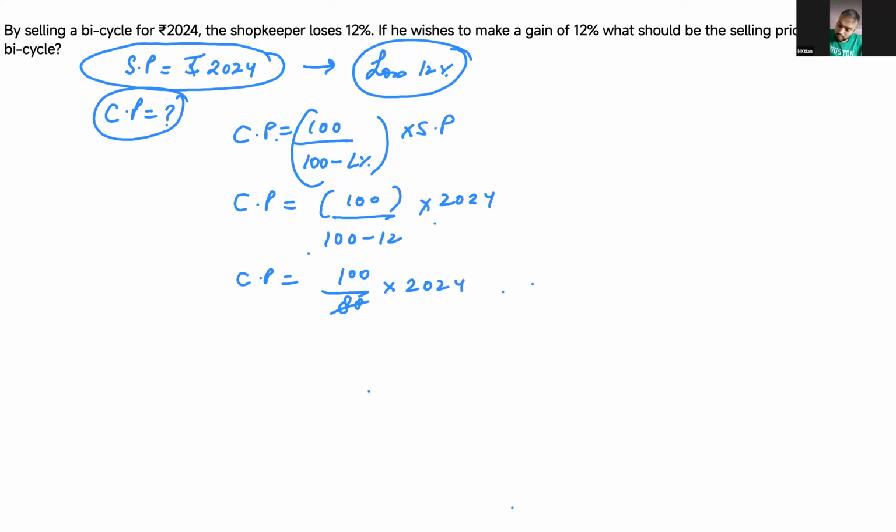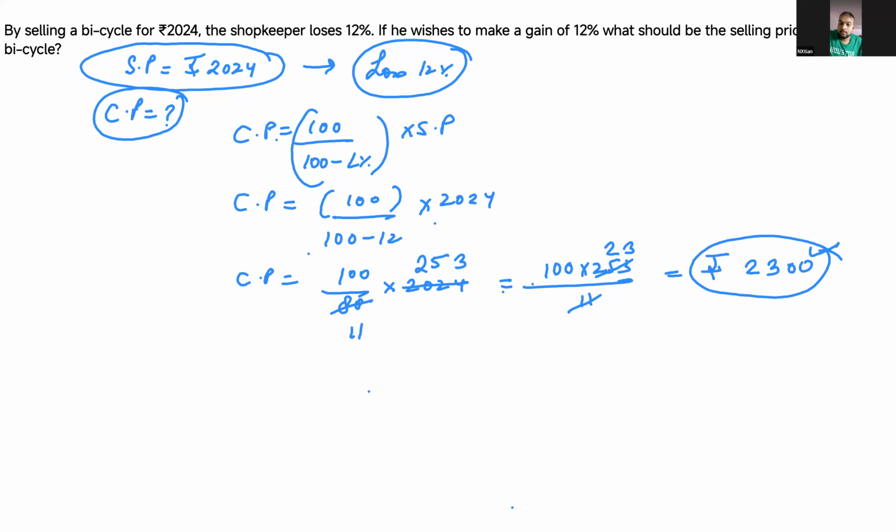It will become 100 into 253 upon 11. This is divisible by 11 also. 11 times 23 is 253, so it means that the cost price is 2300. This is the cost price of the bicycle.